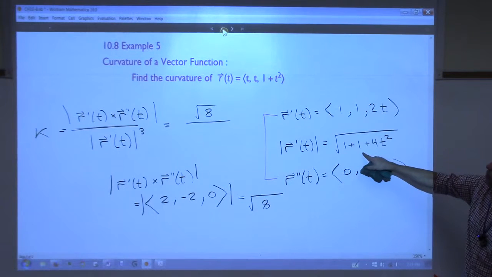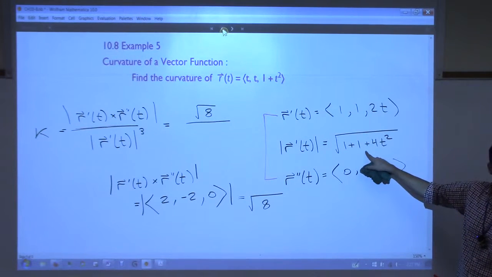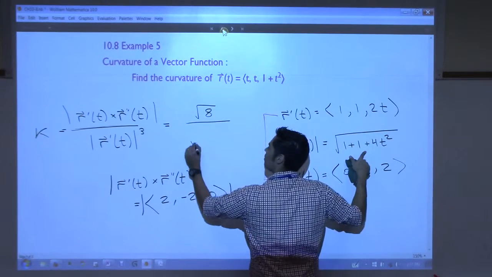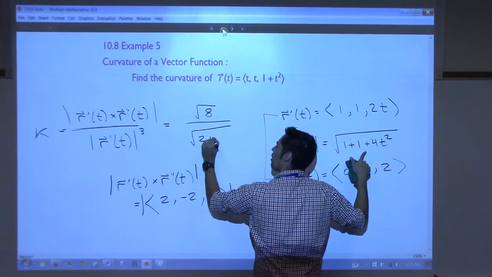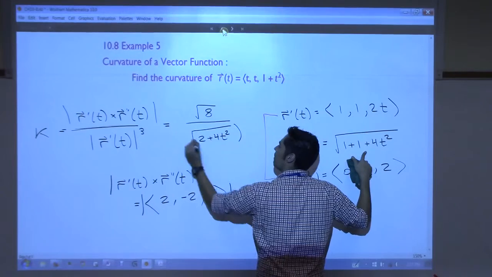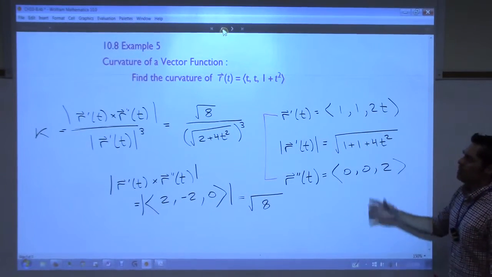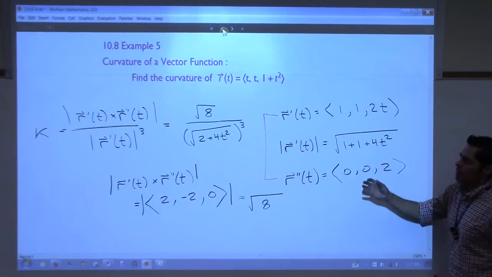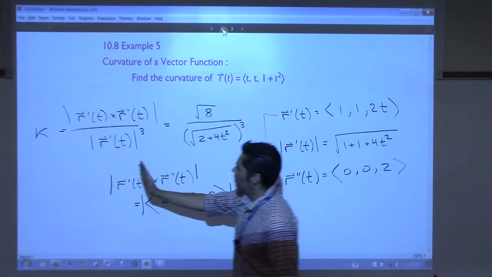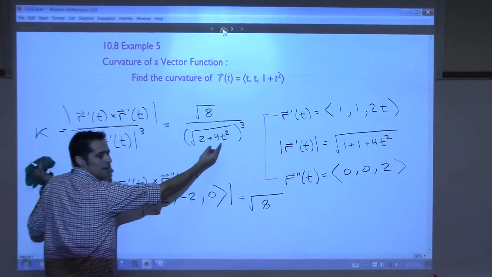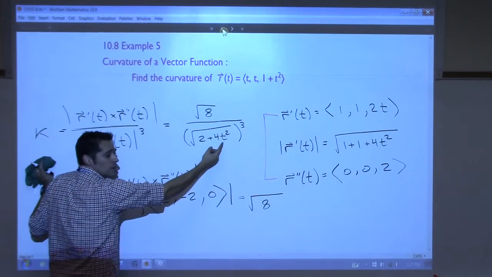Yes. The magnitude derivative, right? Cubed. So it would just be square root of 2 plus 4t squared, cubed. That's it. So do you see for this curve, the curvature actually depends on t, right? Depends on where you are on the curve.